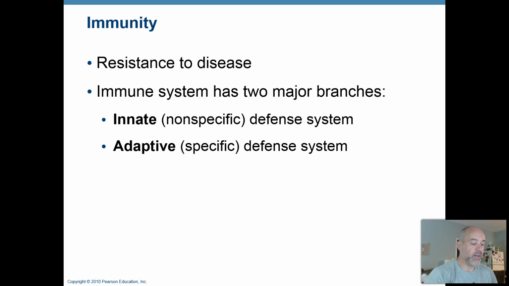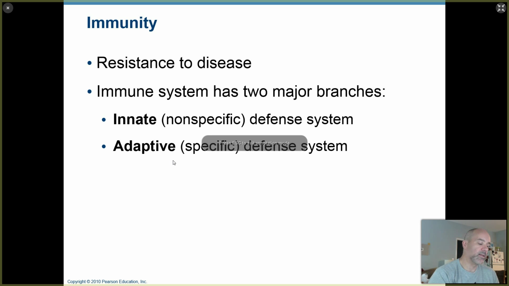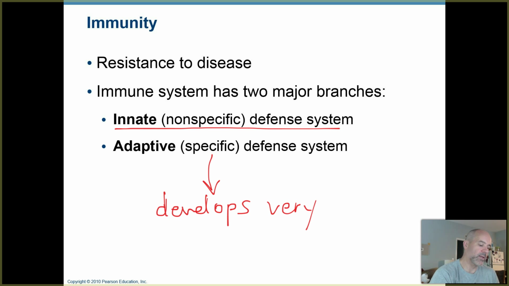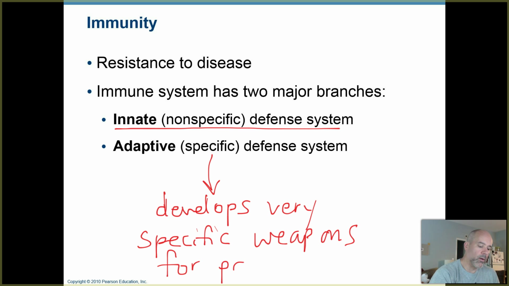And by specific, it means whereas this branch of your immune system may just be looking for bacteria in general, or fungi in general, or parasitic worms in general, this branch develops very specific weapons for particular foreign invaders.